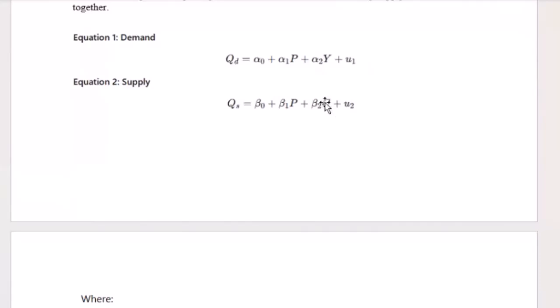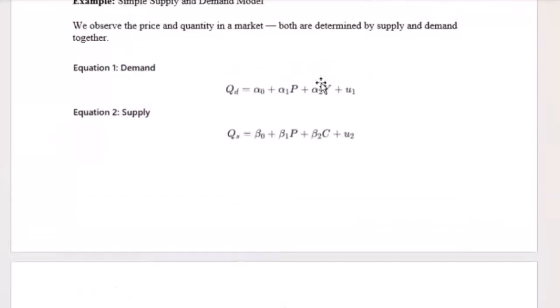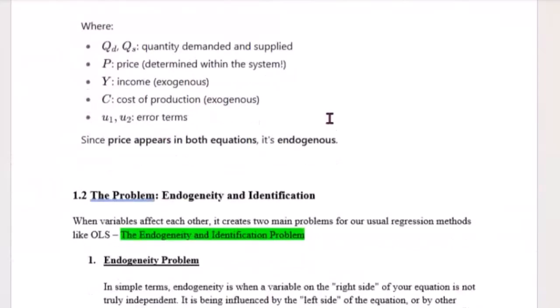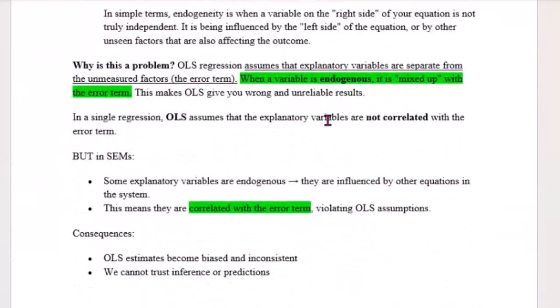That means the variables in the first equation are affected by the error terms in the second equation, and the variables in the second equation are affected by the error terms in the first equation. That means the independent variables are not independent of the error terms. They are not separate from the error terms. That means that assumption of OLS is violated.